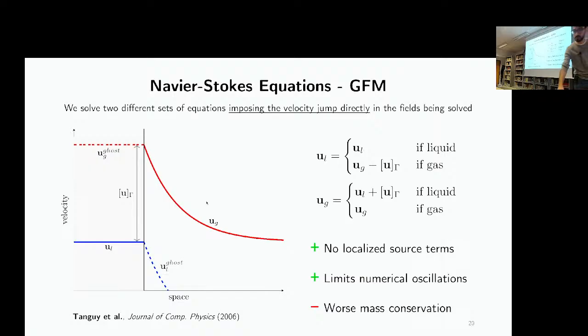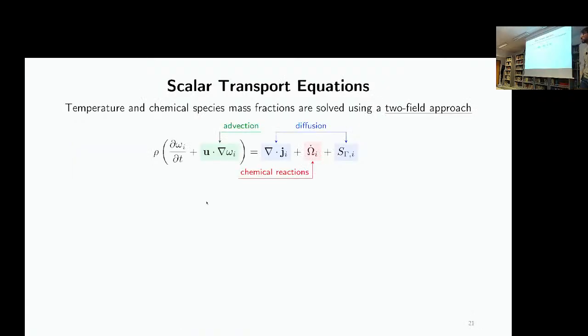The scalar field transport equation, where omega is the mass fraction, but the temperature also follows the same principle, is resolved using a two-field approach, meaning that for a single scalar field omega, we resolve one equation for the liquid phase and another one for the gas phase. And we separate each operator in order to discretize them accurately.